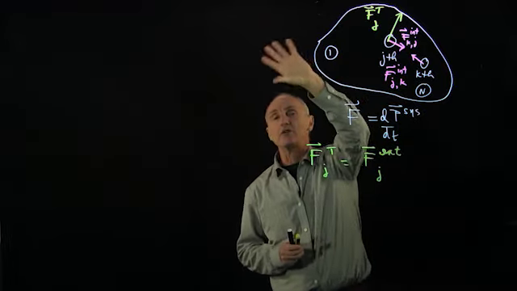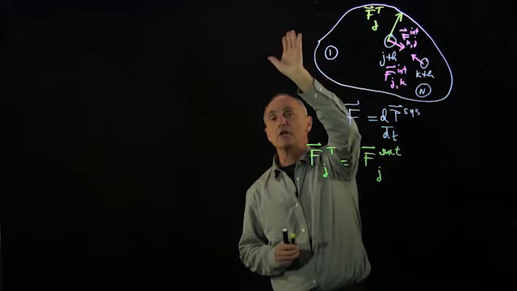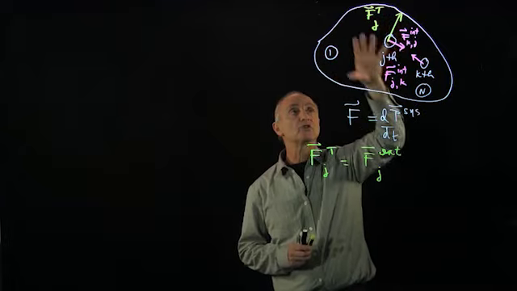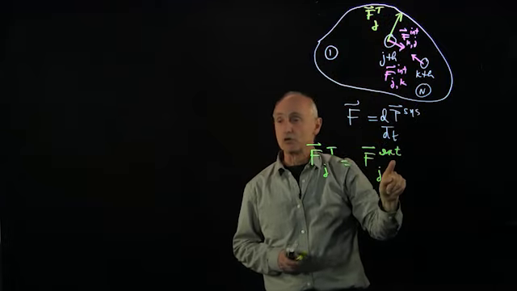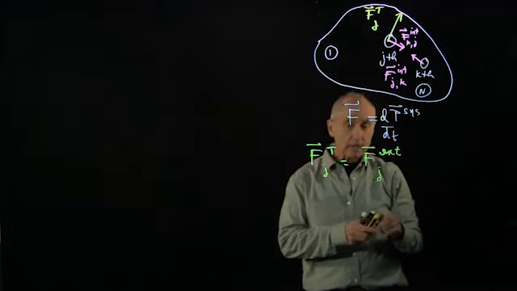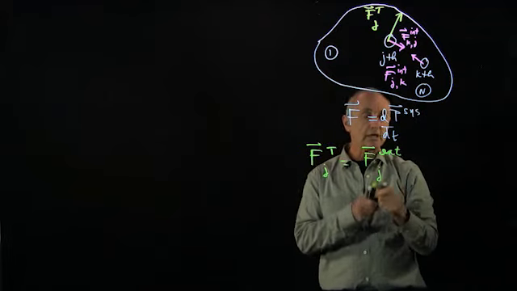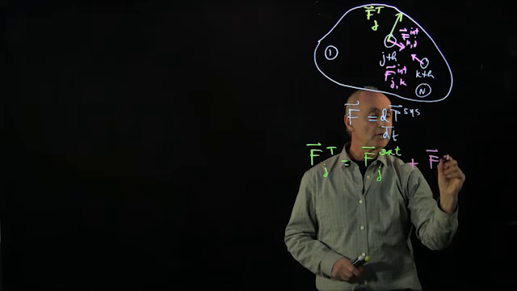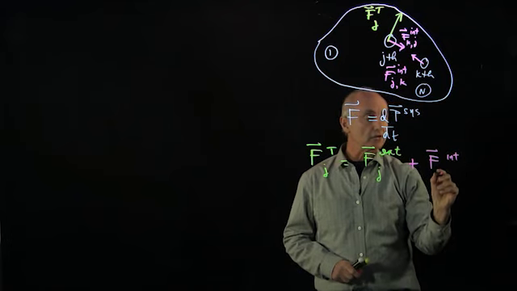If these were interacting gravitationally, there could be a planet outside here, and this could be a moon, and our system is just the moons. That would be an external gravitational force, plus the total internal forces. So I'm going to keep this same color, internal, on the jth particle.